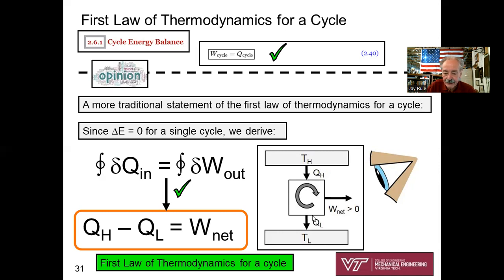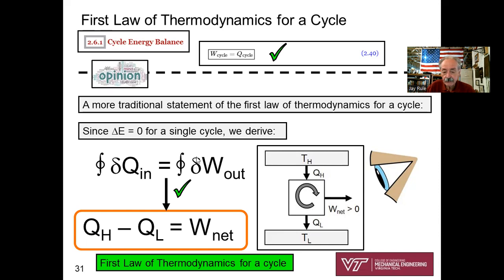I've got heat flowing in, heat flowing out. So the cyclic integral in terms of numbers, if this is 10 units and this is 3 units, I've got 10 minus 3. That's the cyclic integral of heat in: 10 minus 3.